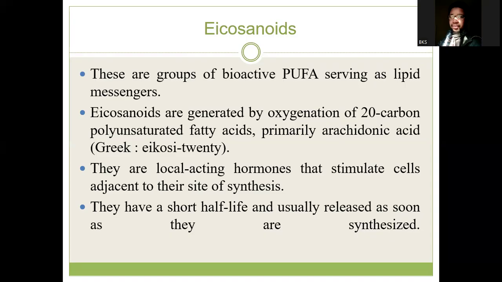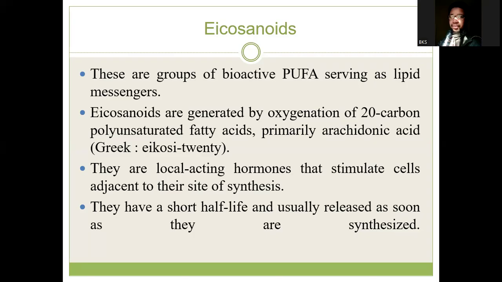And for eicosanoids, like we have also started discussing while talking about the functions of lipids, we said some of these lipids are known to have some bioactivity in the biological system. They can induce or they can inhibit quite a number of biological processes. And we say this type of lipids are called signaling molecules.